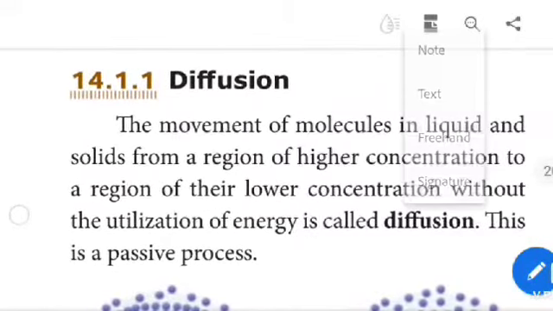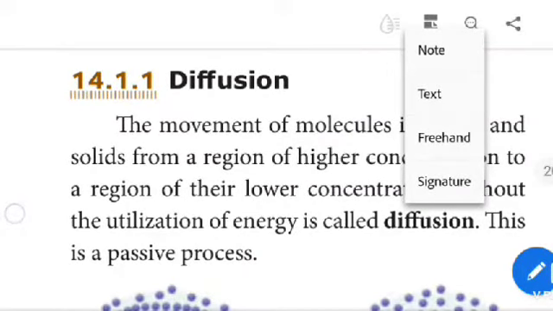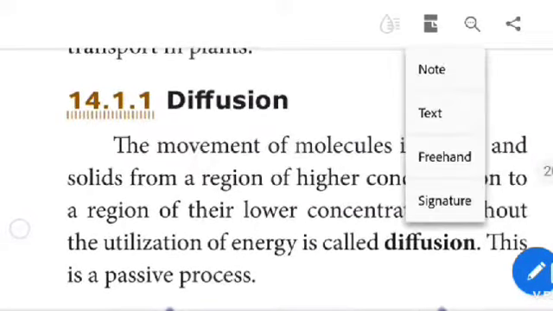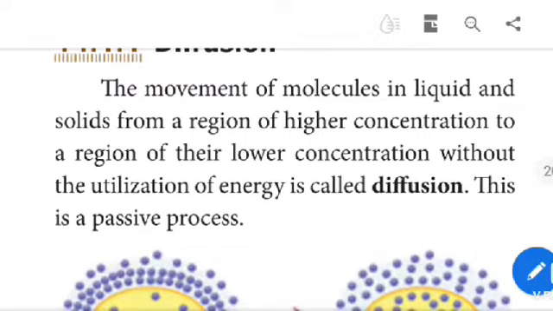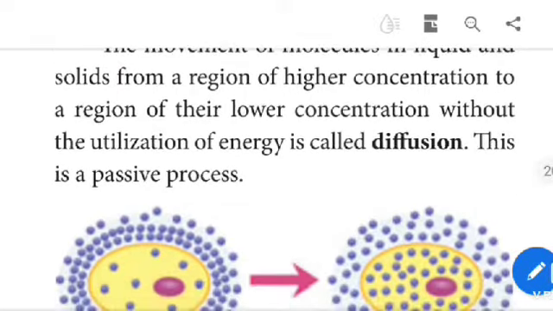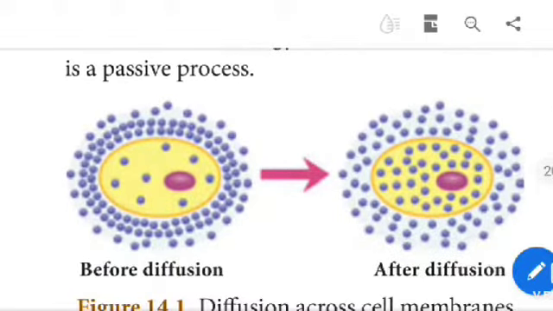Diffusion: the movement of molecules in liquid and solid form from a region of higher concentration to a region of lower concentration without the utilization of energy is called diffusion. This is a passive process.